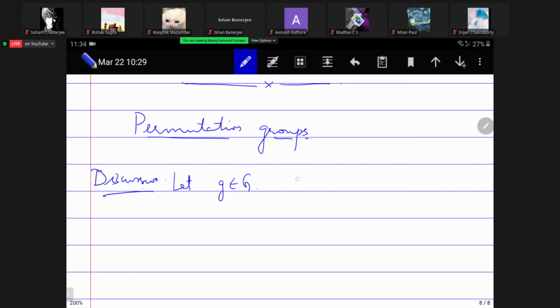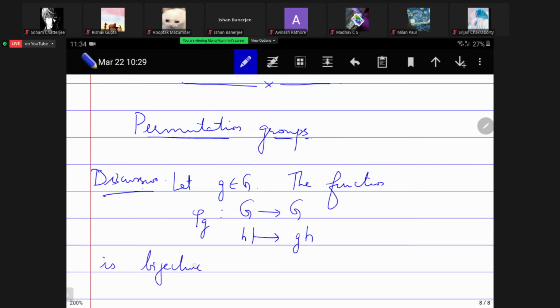The function phi_g from G to G, it is a function, not a group homomorphism. It takes an element h to g times h. It is bijective. This is not a group homomorphism. It takes the identity element e of G to g.